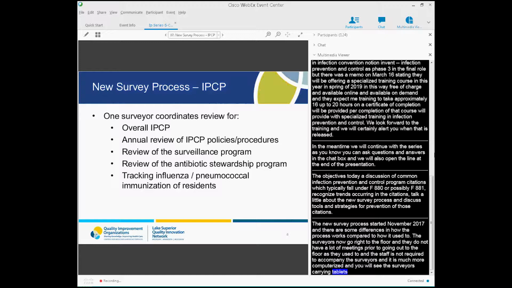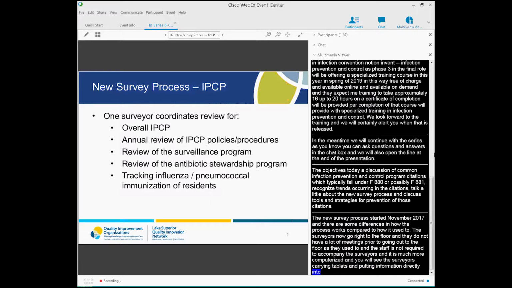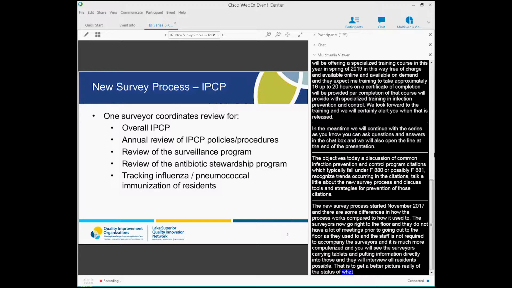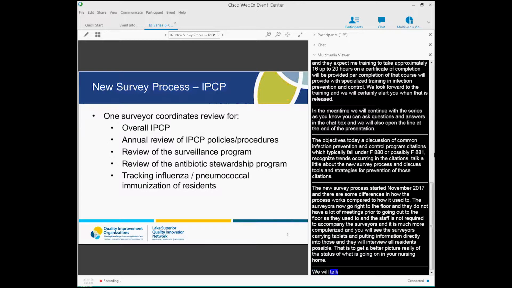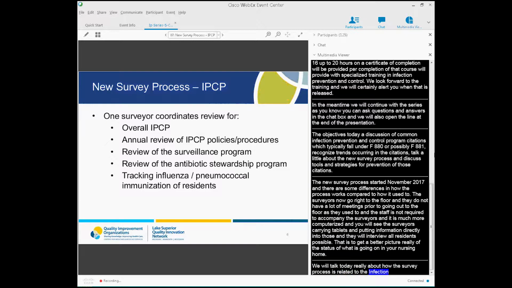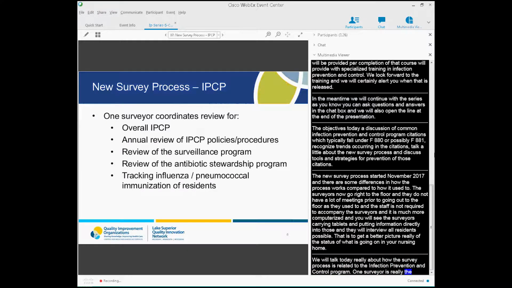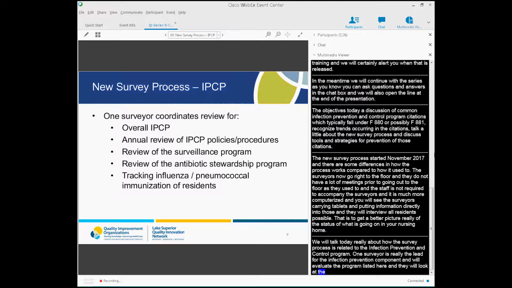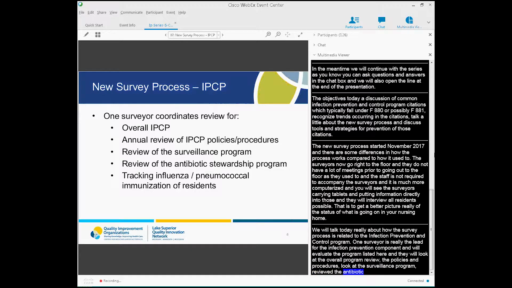One surveyor is really the lead for the infection prevention component and will evaluate the program listed here. They're going to look at your overall program, review the policies and procedures, look at your surveillance program, review your antibiotic stewardship program, look at how you're tracking and providing influenza and pneumococcal immunizations for residents.